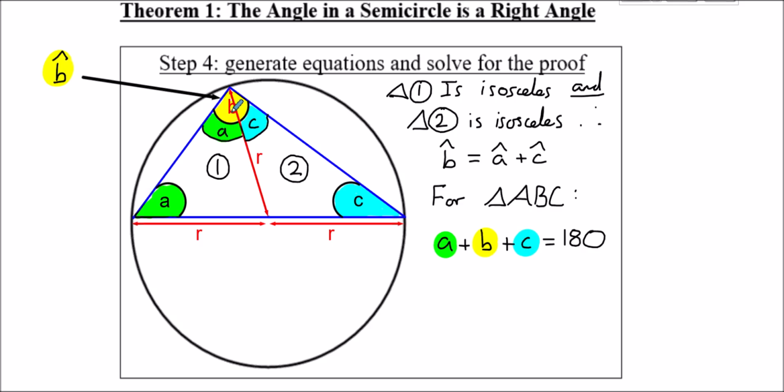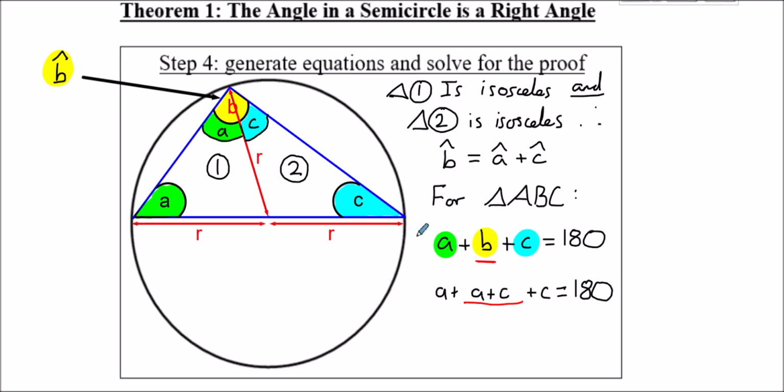But we said that B was the same as A plus C, and so actually what we can do here is we can say that B is A plus C. So we've got A plus B, but B is A plus C, and plus C again, equals 180.